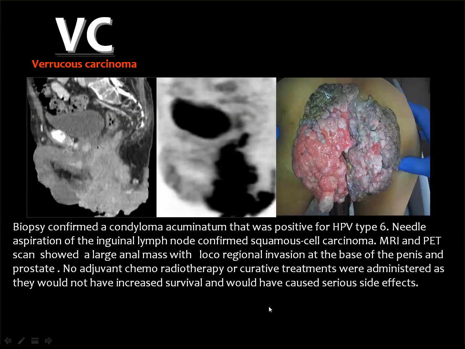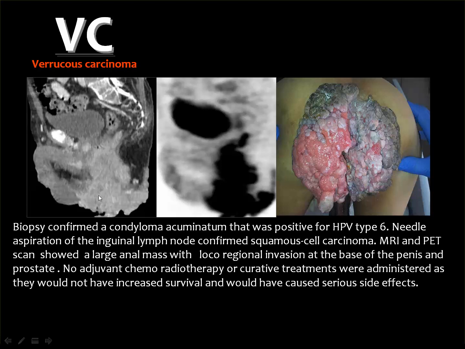And this is one of the huge verrucous carcinoma type, where you have a very big mass infiltrating the perianal area, the gluteal region, and the root of the penis, and it extends deep in the pelvis, as you can see in this sagittal post-contrast CT scan.